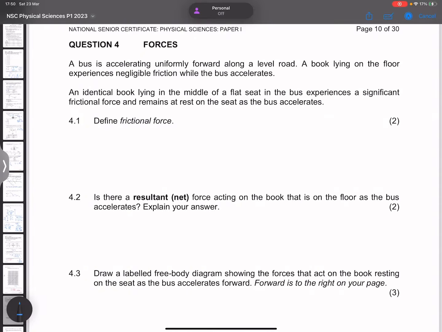Right, so now we move on to question number 4. They say a bus is accelerated uniformly forward along a level road. A book lying on the floor experiences negligible friction. So first of all, we've got a book that is on the floor that has negligible friction.